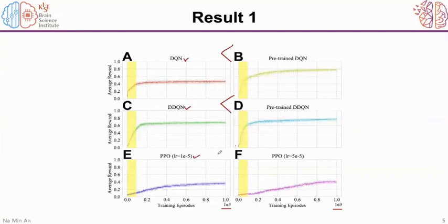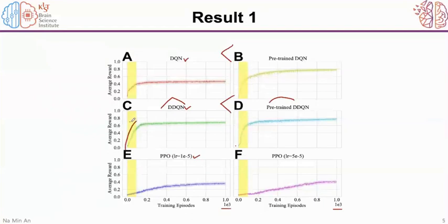First, pre-trained models achieve much higher performances throughout the episodes compared to the non-pre-trained versions. Second, DDQN showed slightly higher performances than DQN, especially in their earlier episodes.